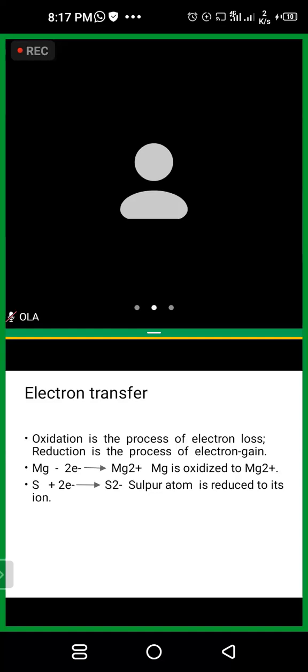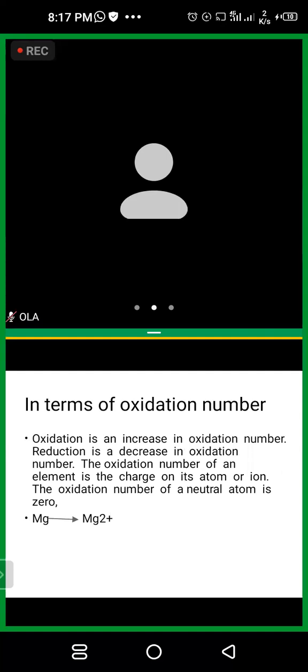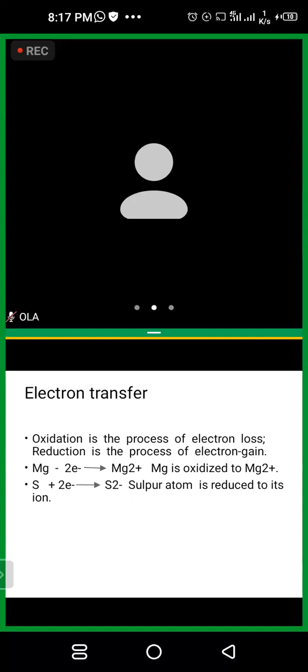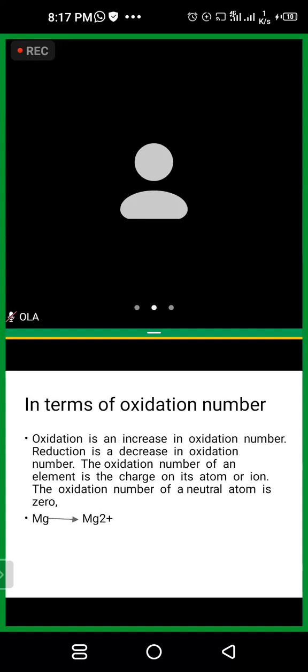Now, the other one is in terms of oxidation number. In terms of oxidation number, when there's an increase in oxidation number, it means there is oxidation. While when there is a decrease in oxidation number, it means there is reduction. So that helps us see that there is a very strong relationship between electron transfer and oxidation number.